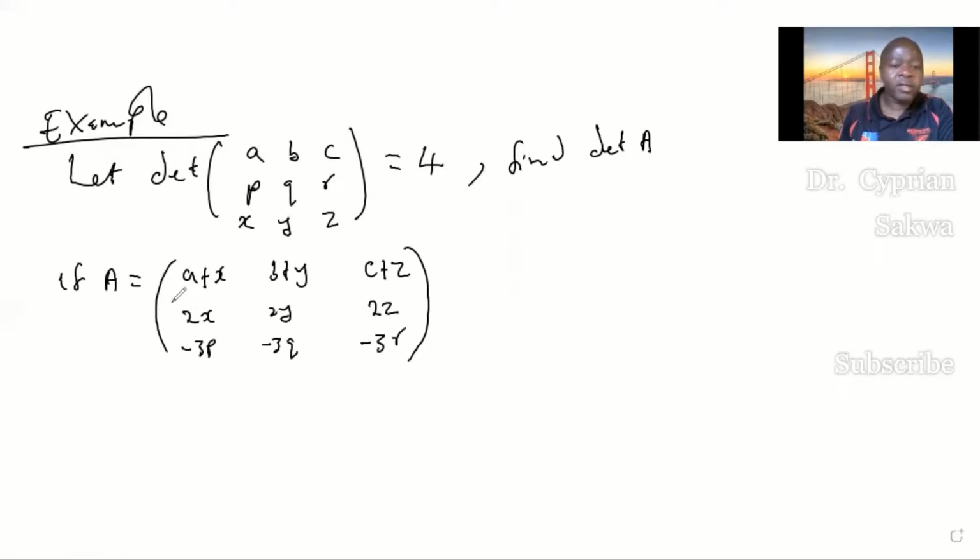So find this determinant, and we are told that the determinant of this matrix here is 4. So we want to use this determinant, which is 4, to get the determinant of this other matrix.